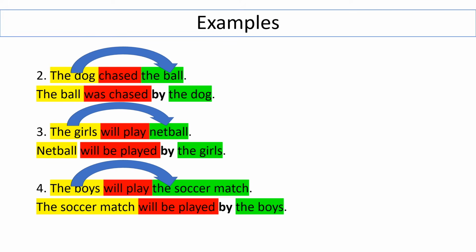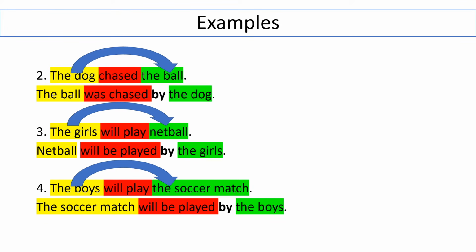Step 1, will play is the verb. Step 2, the girls is the subject, will play is the verb, and netball is the object in the active sentence. Step 3, we now need to begin the passive sentence with the object from the active sentence. So, the new sentence will read, netball.